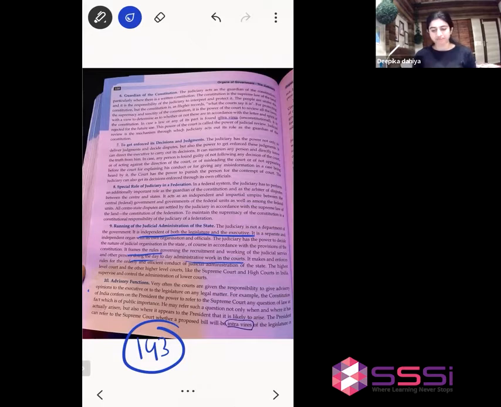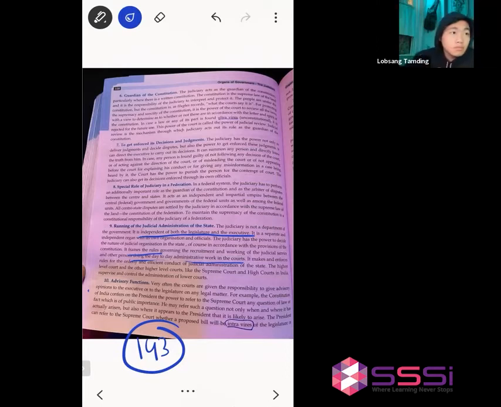These are questions which are of public importance and related to law, which may have arisen or are likely to arise. Done? Yes, ma'am.